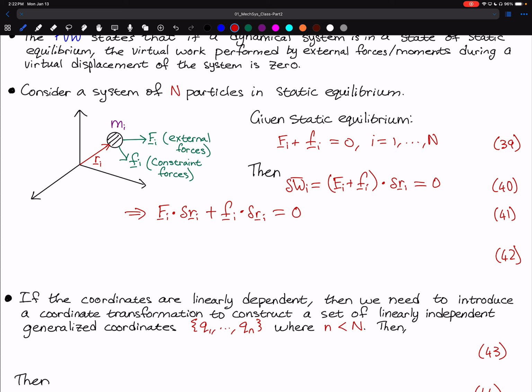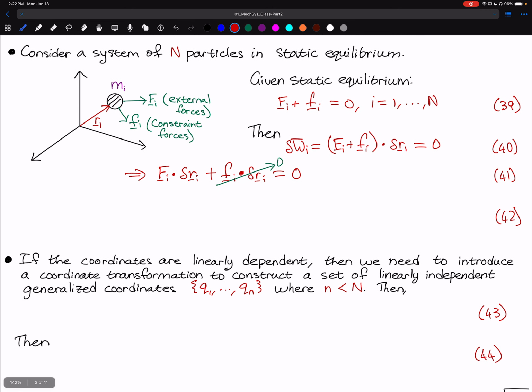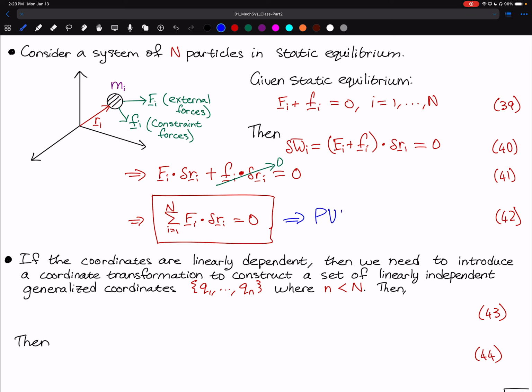And what that then tells us is that the second dot product here is actually going to just be 0 due to that. Then as a result, what we find here is that the summation from i equals 1 up to n of big Fi dot delta Ri is equal to 0. And this is the principle of virtual work.